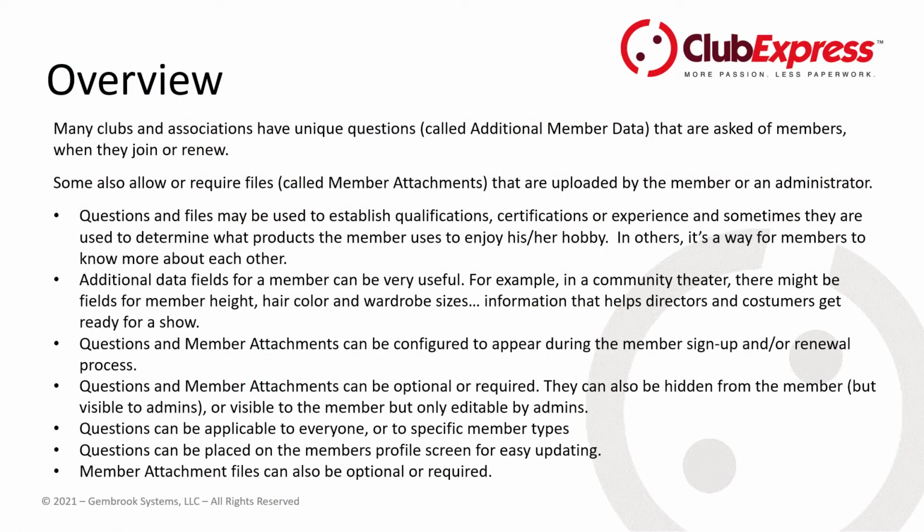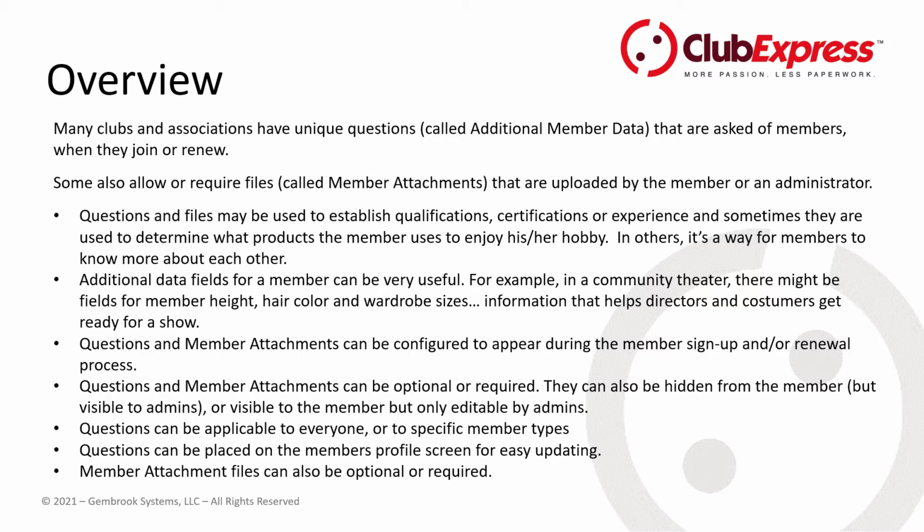As you know, ClubExpress gathers basic information, your members' names, addresses, emails, and a whole bunch of basic demographic information. This is common to all organizations that use ClubExpress. That's the standard member directory. But most organizations also need information that's unique to their organization.